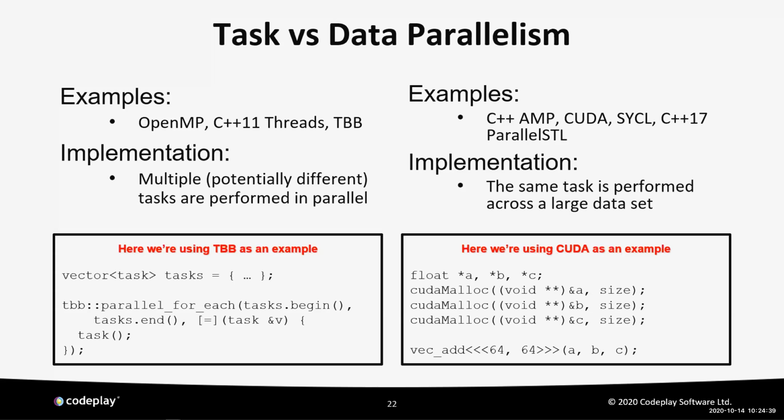And then finally, there's also data parallelism, which is what I've shown on the right with C++ AMP, CUDA, SYCL, C++17 parallel STL, where the same task is performed across a large data set. Now, that's not to say that OpenMP doesn't have data parallelism, or that CUDA or C++ doesn't have task parallelism. They do, but most languages now understand that there is a requirement for both to some degree, okay?